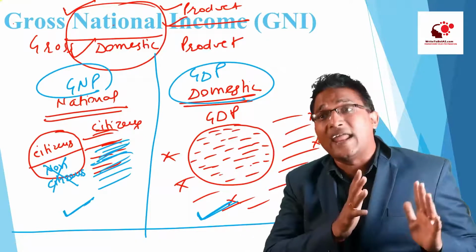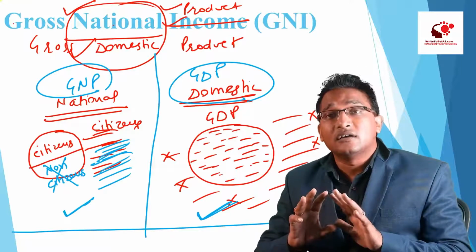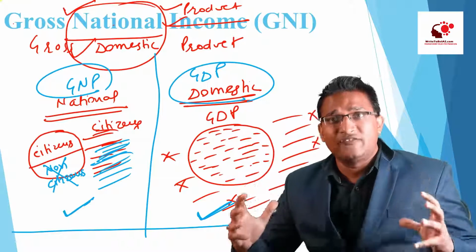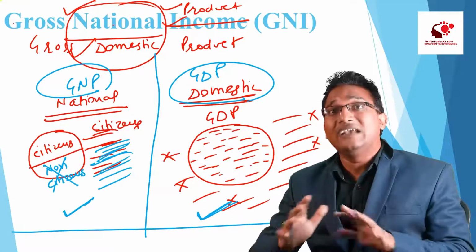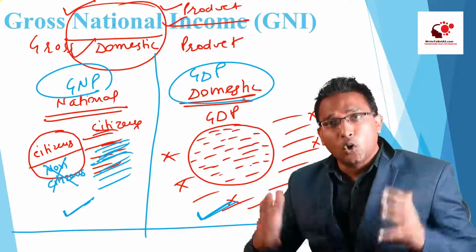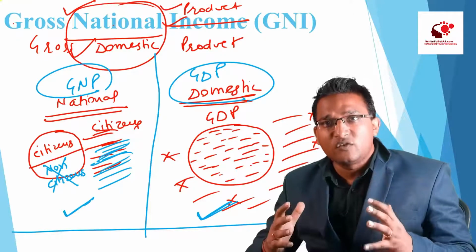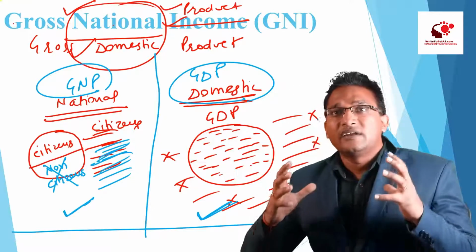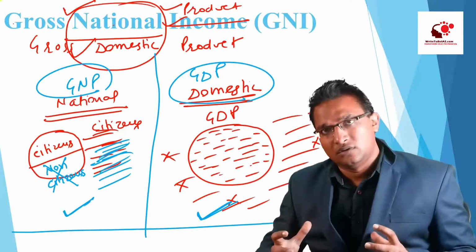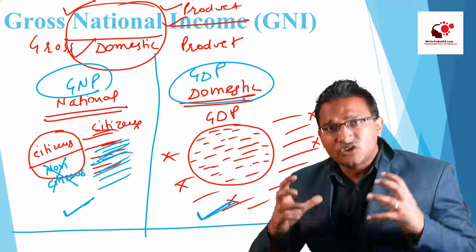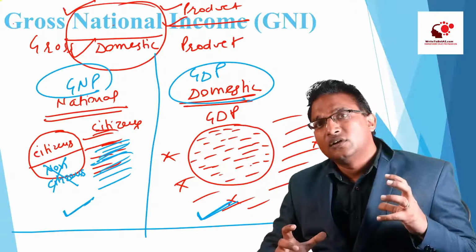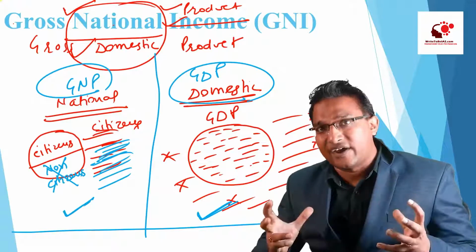Although it may look like the difference between the GNP and the GDP is the difference of coverage of geographical area, this is not true. What is true is that this is the difference of the method.